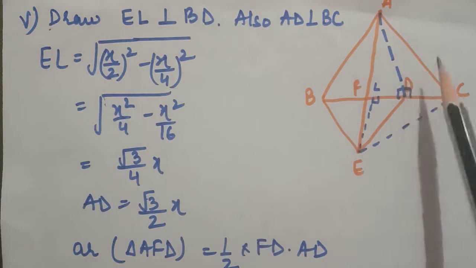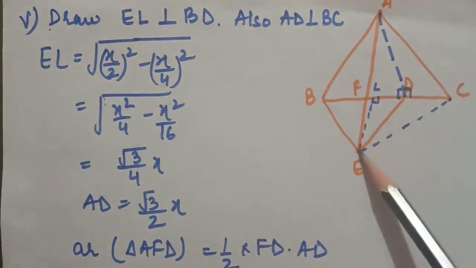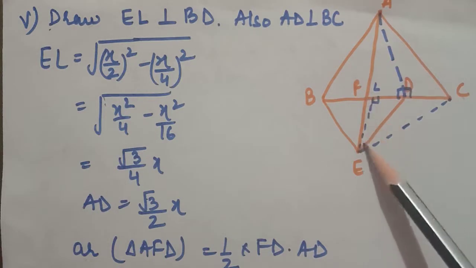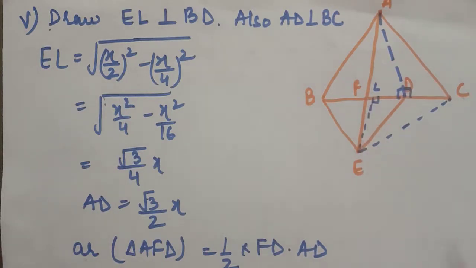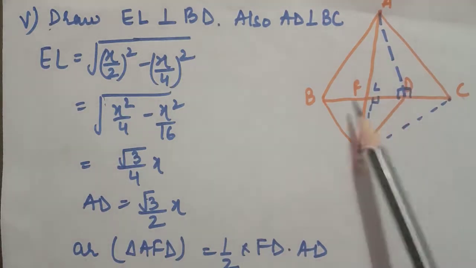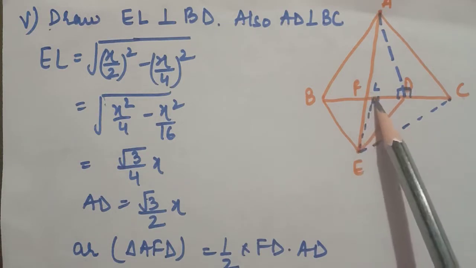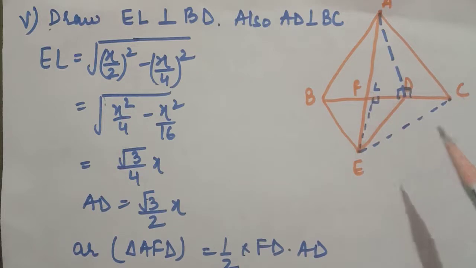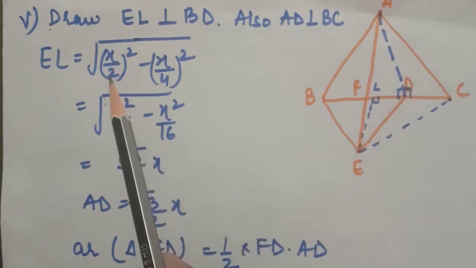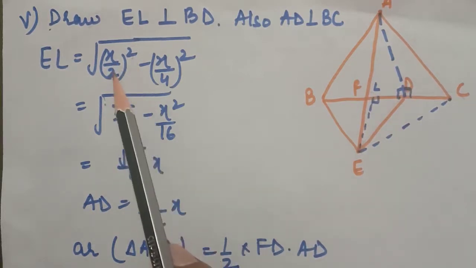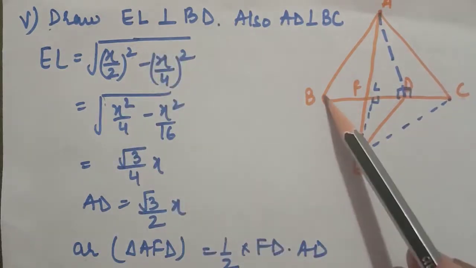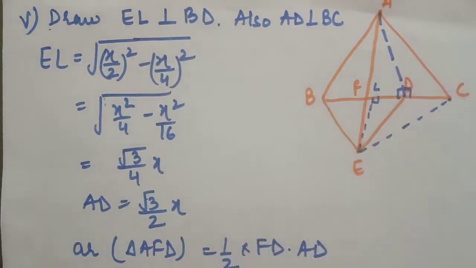Now students, EL, we want the value of this because we have to apply the Pythagoras theorem. In this triangle, EL is a perpendicular. In this triangle, we have x by 2 as the hypotenuse, which is the side of triangle BED.